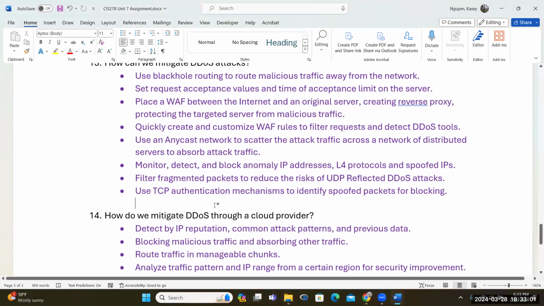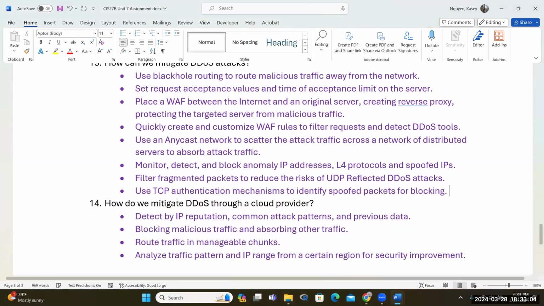So for the cloud provider, and this is generally the advice from the cloud service providers, how do we mitigate distributed denial of service through a cloud provider? Let's say like AWS or Azure.